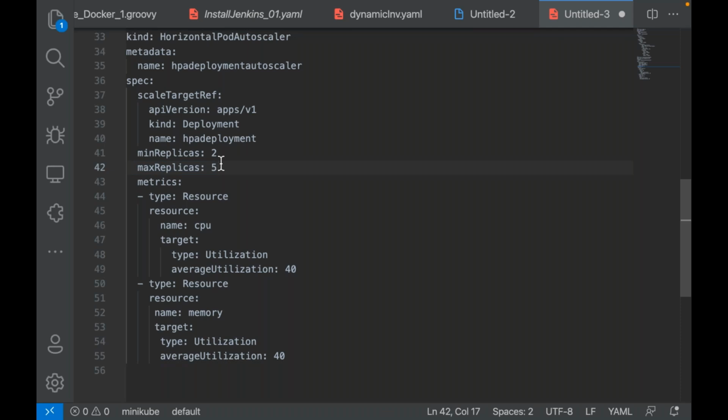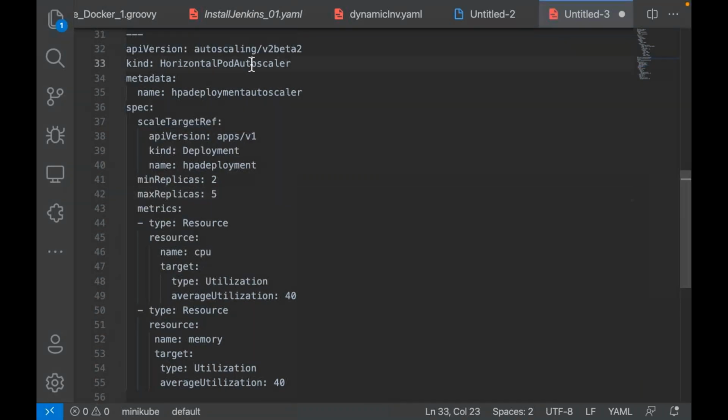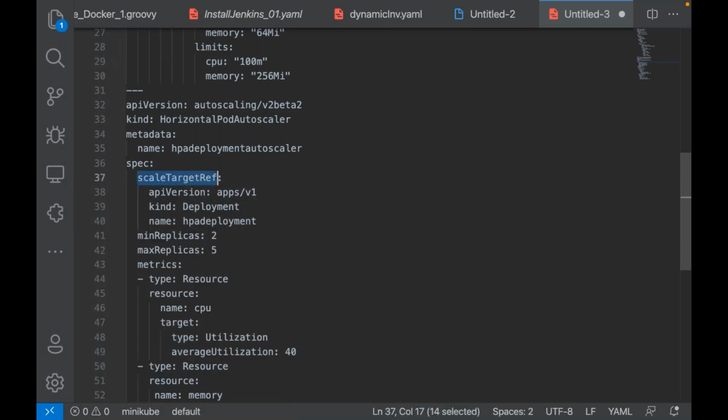Yes. But I have a lot of pods and a lot of deployments. So this HPA is for which deployment or which replica set? How am I linking my deployment or my replica set or replication controller to this HPA? If you see, there is one property here, scaleTargetRef, scale target reference.